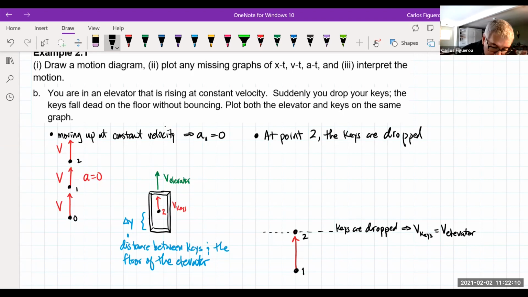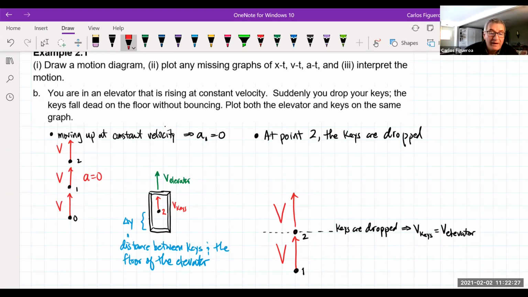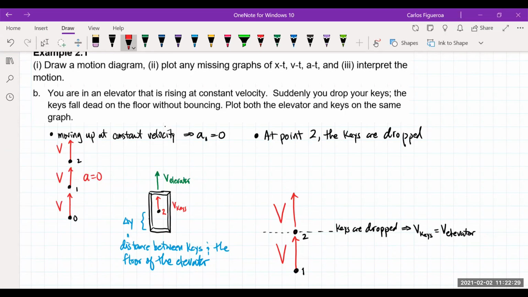That means at this point, the speed of the keys is still the same as before. So if this is how big the speed is, this is how big the speed is afterwards at that point too. And then what happens? Well, it starts to decelerate.